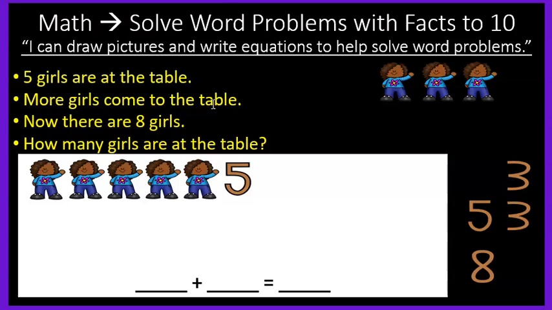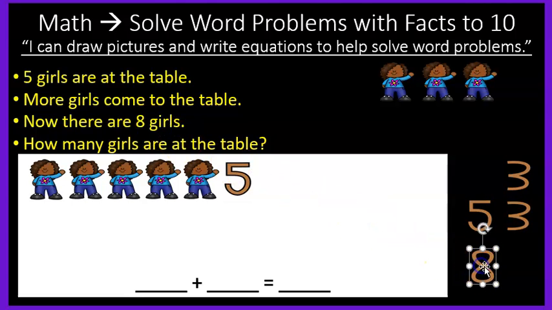So boys and girls, what that means is we're going to have to put some more girls in this next row. Let's read the next sentence to figure that out. Here we go. Read it with me. Now there are 8 girls. Now boys and girls, what number is this? 8. Good job.